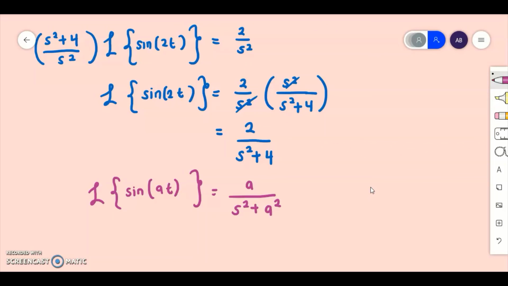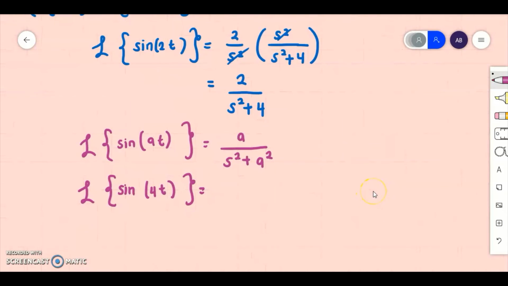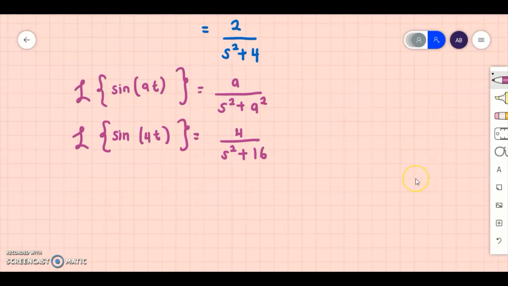Now look at here, when a is 2, I have 2 over s squared plus 2 squared, which is 4. Similarly, the Laplace of sine 4t, you don't have to do that integral again, which is a complicated integral. So what I do, a is now 4. I have 4 over s squared plus 4 squared, which is 16. You get the idea? Okay, so now I will leave the rest as your homework.